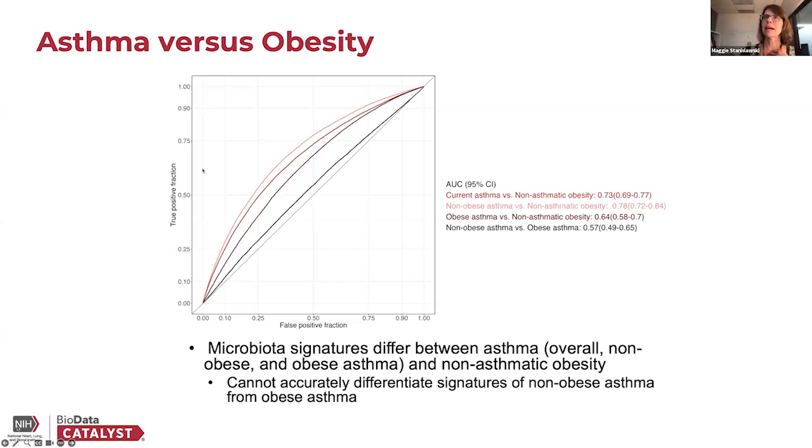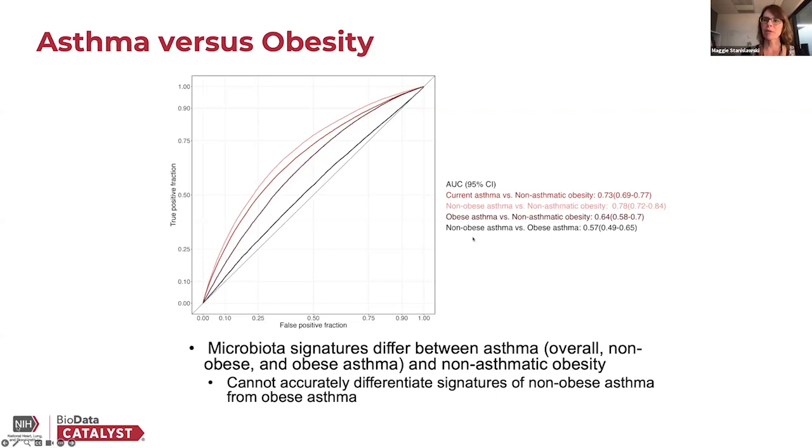If these lines are closer to this quadrant up in the upper left, that means that the information is more predictive. Our microbiome taxonomic information showed a distinct microbiome signature for current asthma, non-obese asthma, and obese asthma versus non-asthmatic obesity. So basically, asthma has a distinct microbiome signature compared to obesity without asthma.